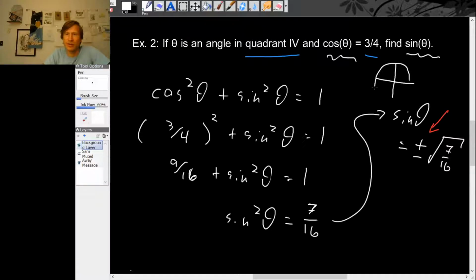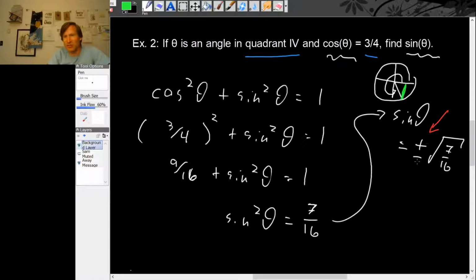So let's draw a picture of what that would look like. Here's a unit circle, and the fourth quadrant is down here somewhere. So there's our angle theta in the fourth quadrant. Well, remember, in this unit circle diagram, sine tells you the y coordinate, and in the fourth quadrant, this y coordinate is negative.